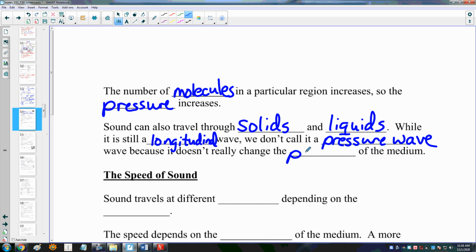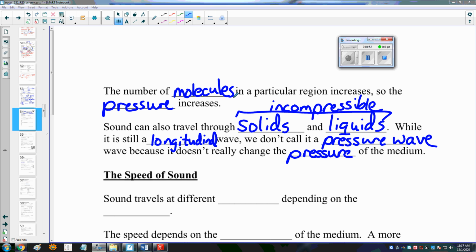It doesn't change the pressure of the medium in an appreciable way, because solids and liquids are both incompressible. We saw that in a previous chapter. So if they're incompressible, then you can't have condensations and rarefactions. But the waves nonetheless travel through those materials. In fact, we'll see later that they travel much faster through liquids and solids.